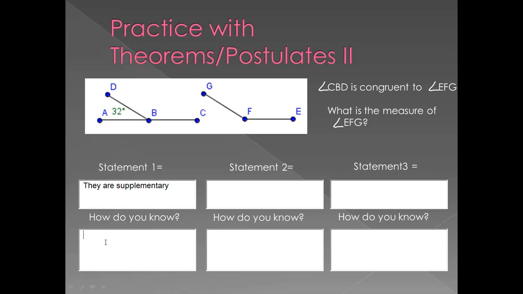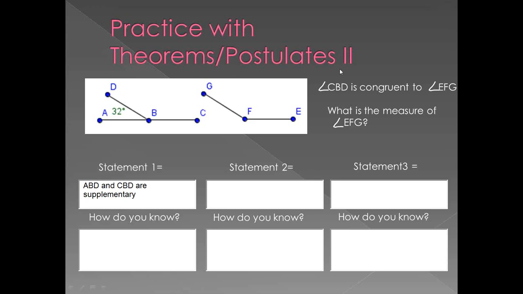What theorem? Let's put ABD and CBD are supplementary. How do we know? Good, they add up to 180.